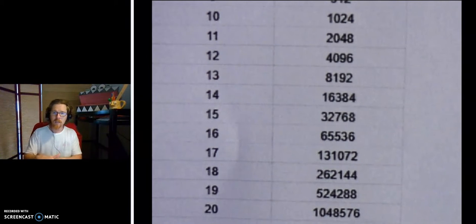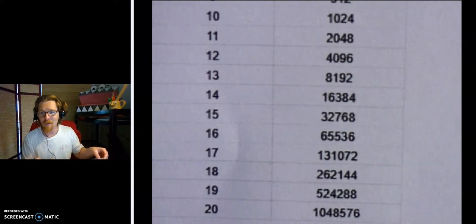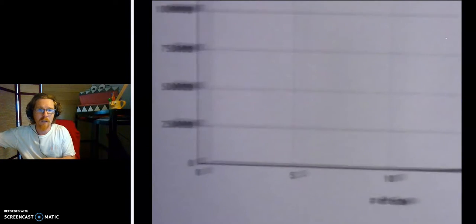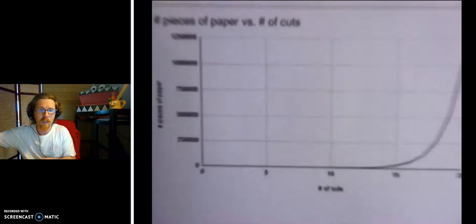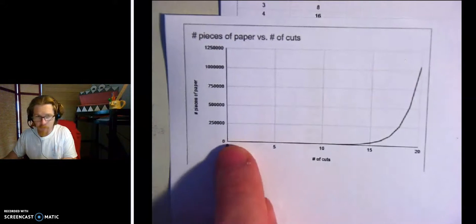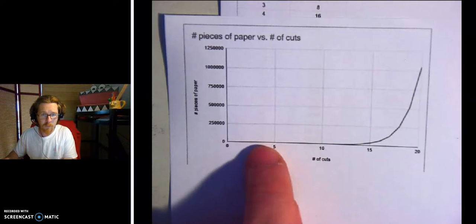And our question is, how tall will that stack be? I mean, paper is so thin, right? How tall could it be? Now, when you have a data table, it just seems good to acknowledge what the graph would look like. And I want you to notice this. This graph starts off very short, very small, right?